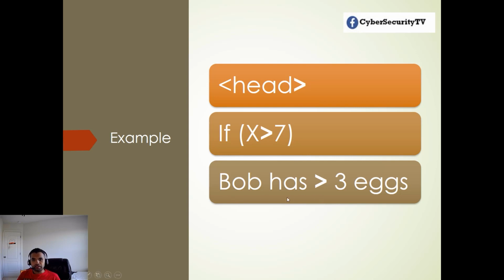And here there is just text which says Bob has greater than 3x. So in all three examples we are using this sign for a different purpose, and to preserve the real meaning of it, we have to encode and decode it as and when required.